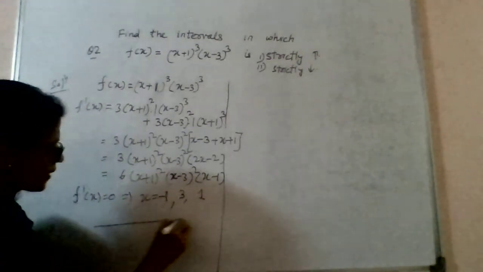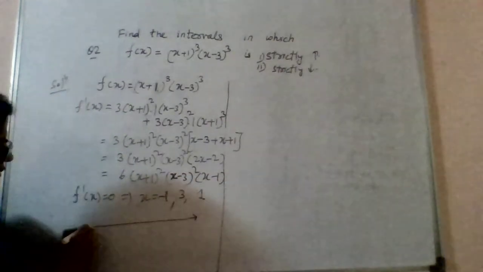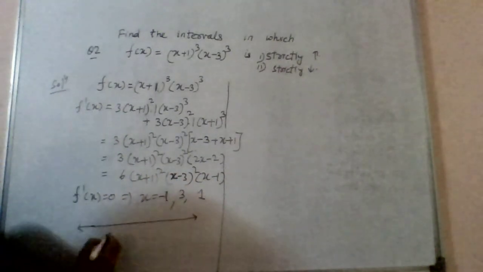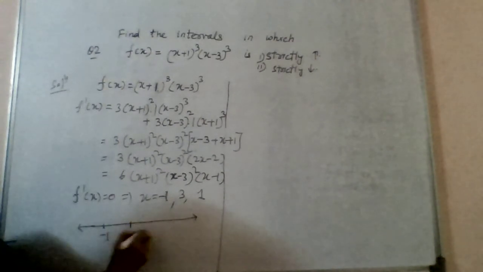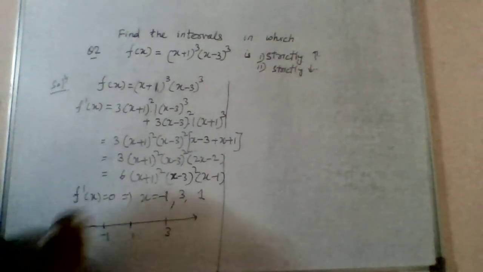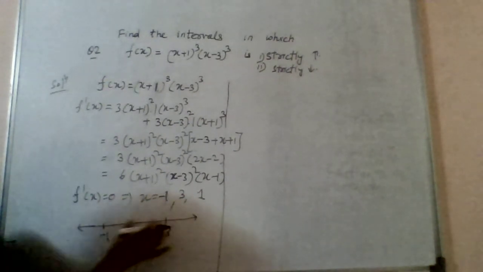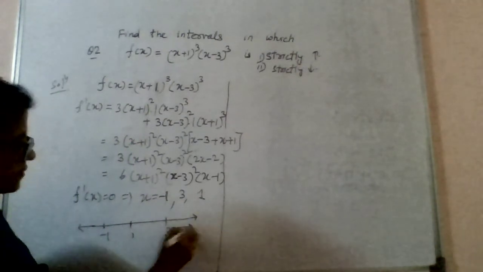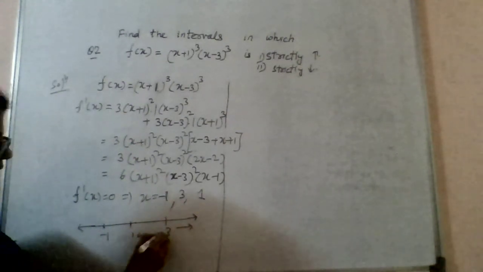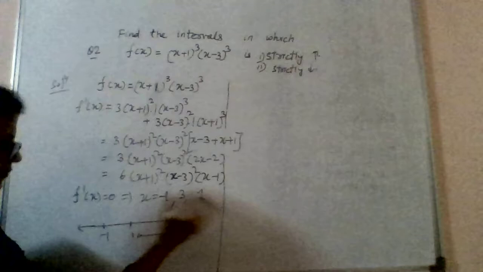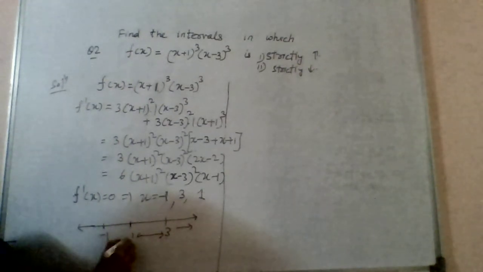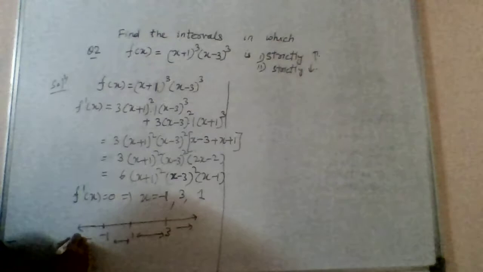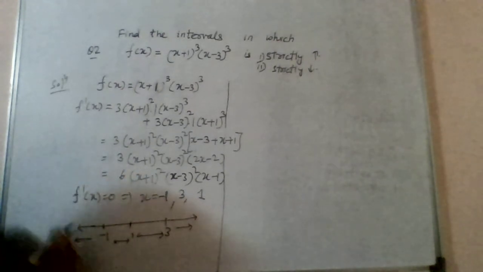So next step is the number line. Here three critical points, one is minus 1, then 1, then 3. So it means we are having four intervals: 3 and more, between 1 and 3, between minus 1 and 1, and to the left of minus 1.